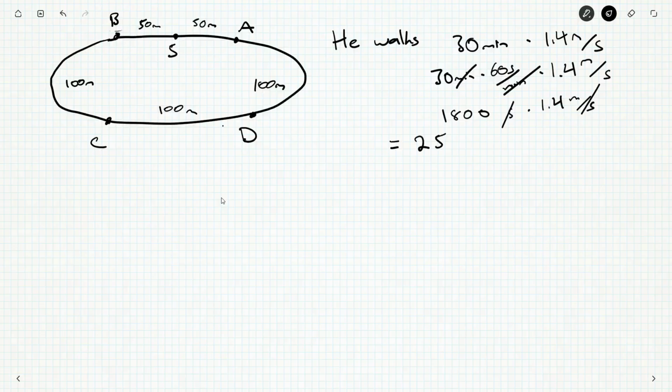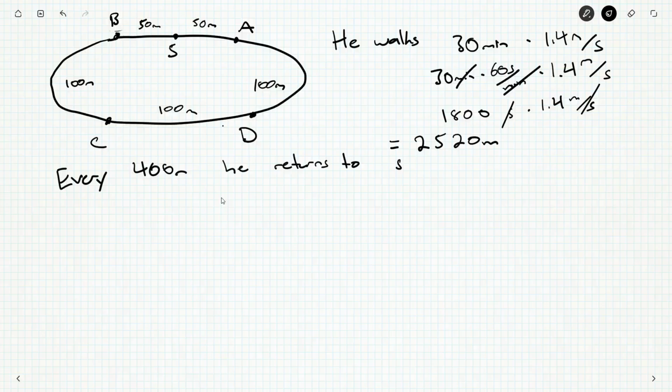He has walked 2,520 meters. So he's gone around the track a little bit. Every 400 meters, he returns to the start, S. So he's gone around several times.